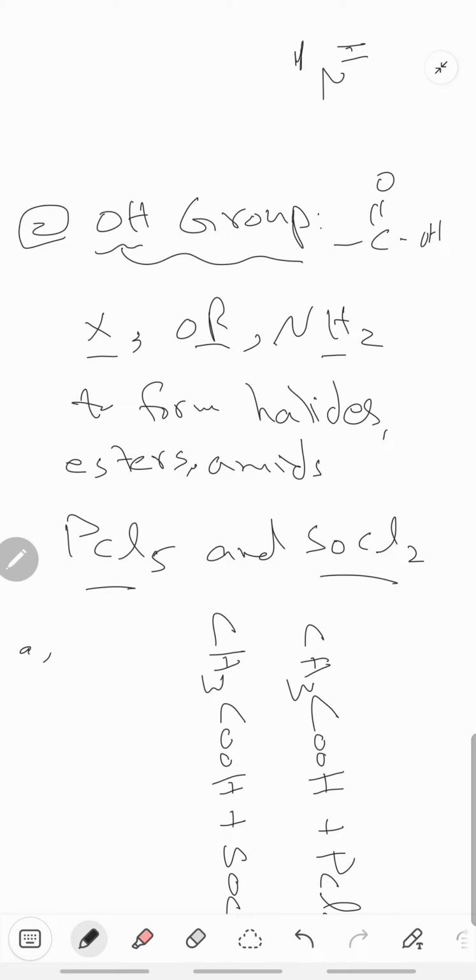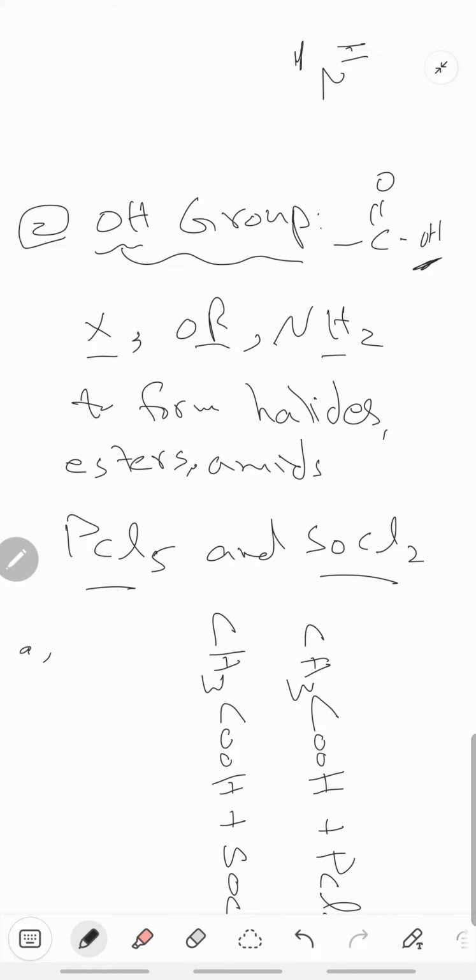So the addition of a nucleophile to the carboxyl group is always followed by displacement of the OH group by some other group.